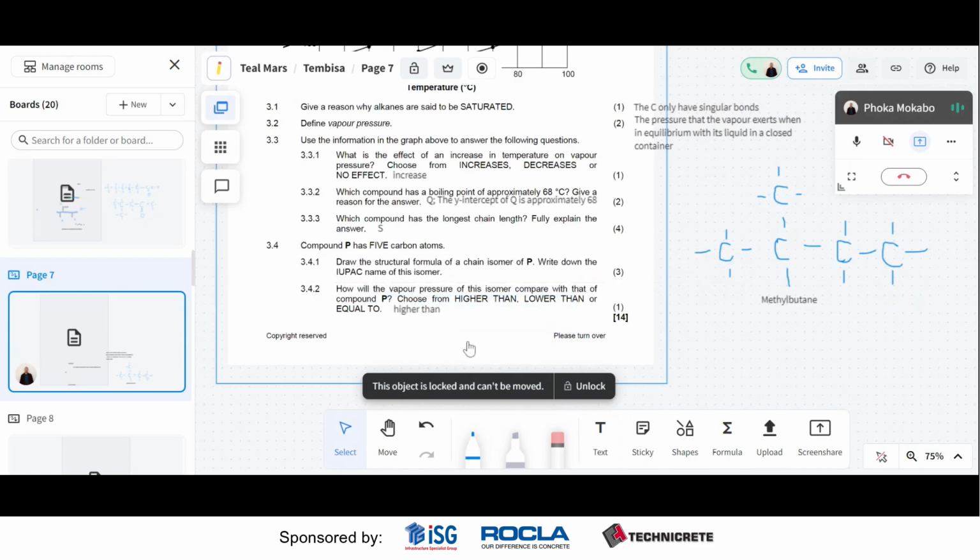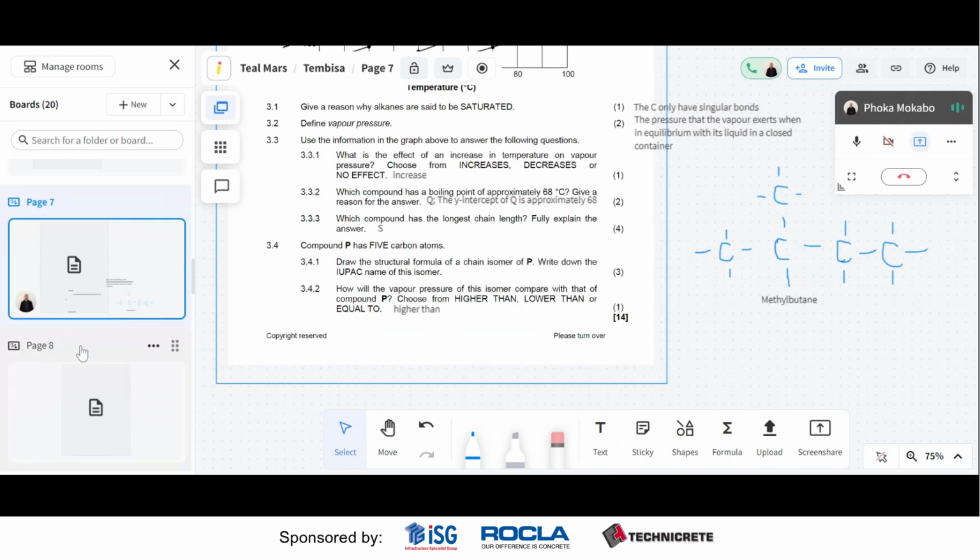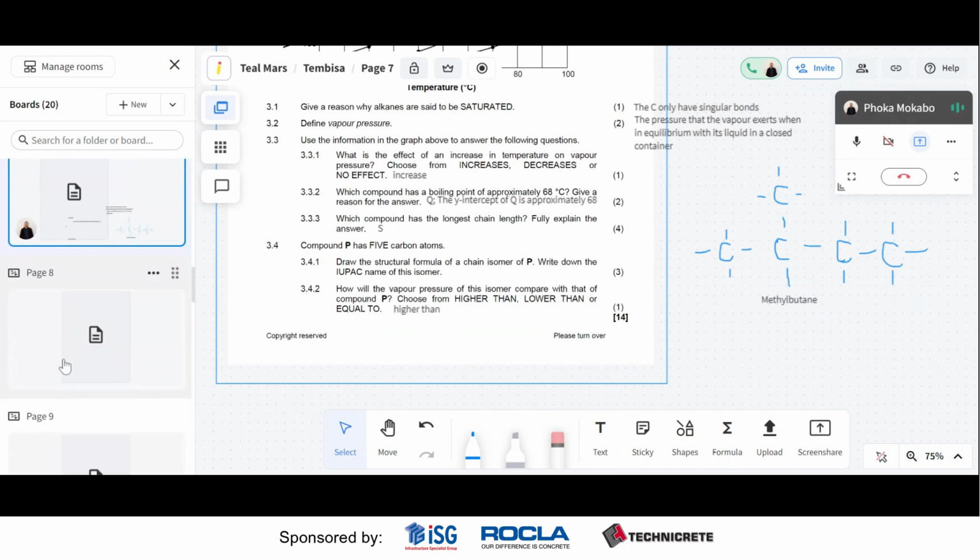Because vapor pressure will increase the further away you are from the standard carbon chain. So the more branches you have, the higher your vapor pressure will be, and that's because of differing further and further away from the standard alkane carbon chain. Okay, so that will be the end of question 3.